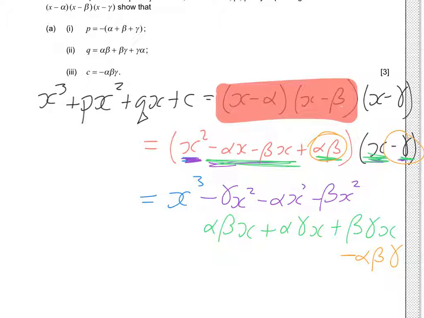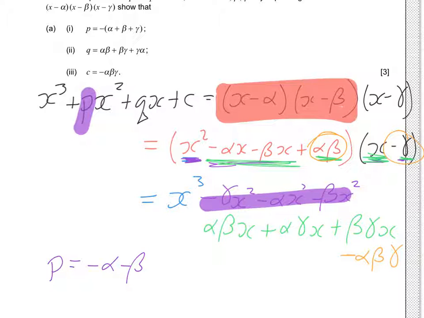And then it's basically an exercise in comparing coefficients. If you look at the purple ones, for example, the x squared coefficients must be equal to p. So I can write p equals minus alpha minus beta minus gamma.